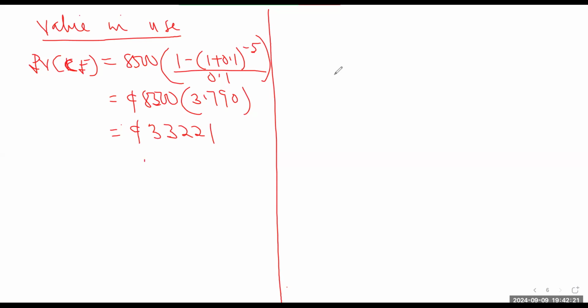I'm getting 32,215. Okay, let me confirm that. What I did, I multiplied throughout; I didn't do it to 3 decimal places. That's why I'm having 32,221. Okay, let's use the 3 decimal places, but the difference will just be small.